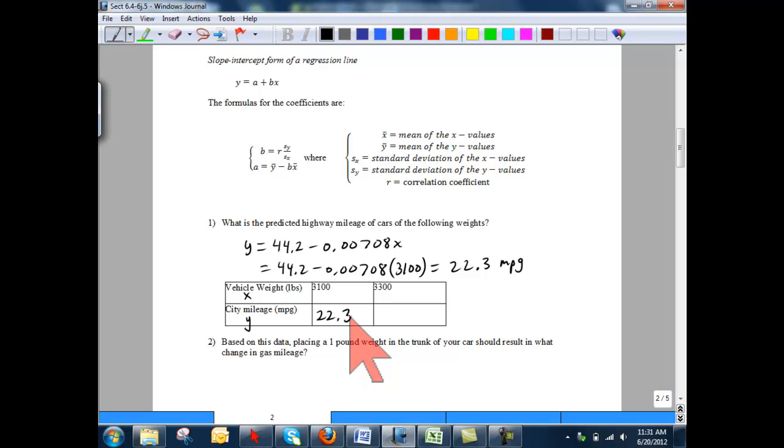Okay, is that going to be exactly the mileage this car gets? Probably not, but it's certainly better than no information at all or taking a random guess. If you do the same thing but plug 3,300 in for x, you get 20.8 miles per gallon. So heavier car, smaller gas mileage.